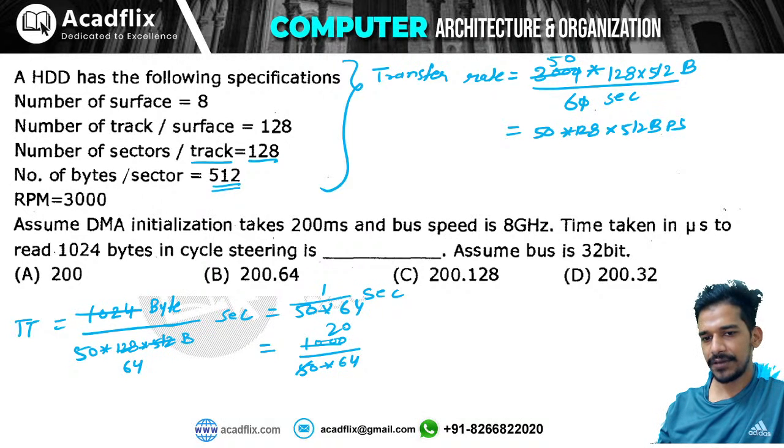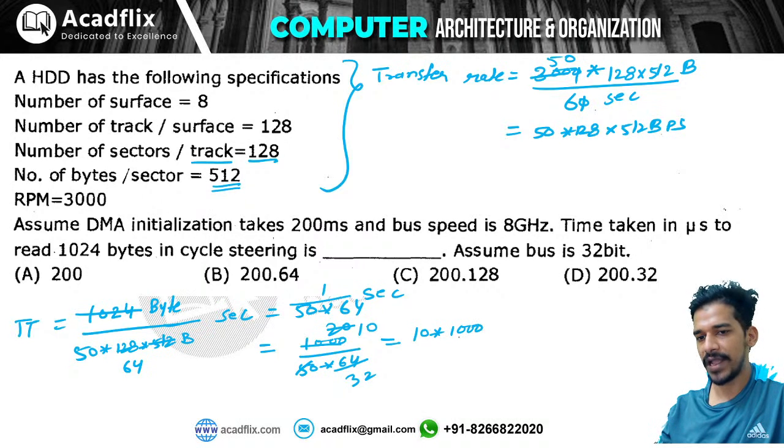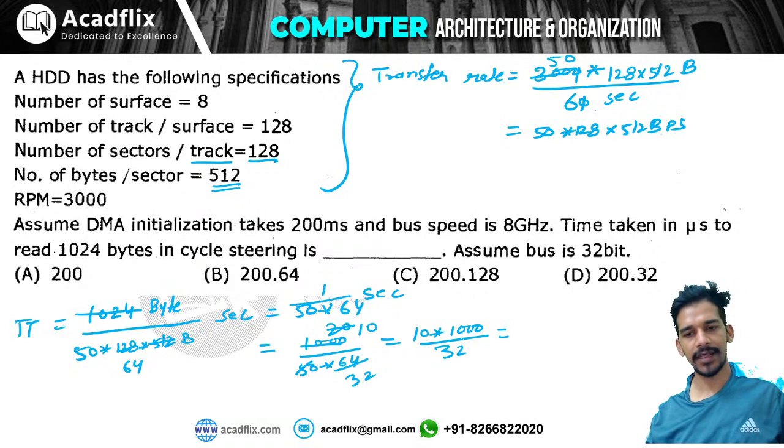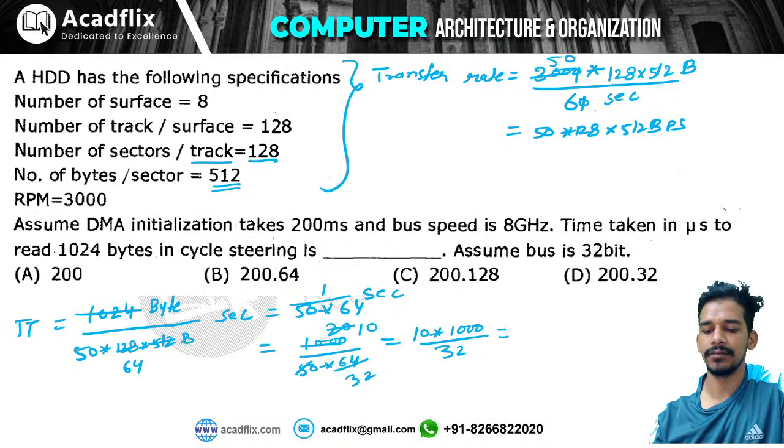20 divided by 64 is 10 by 32. Again we can convert this into microseconds by multiplying by 1000, so 10,000 divided by 32.